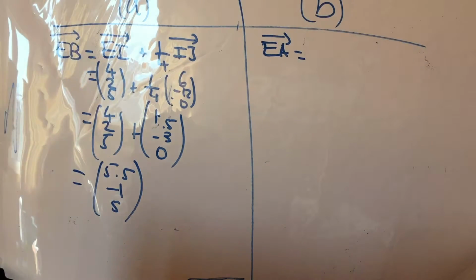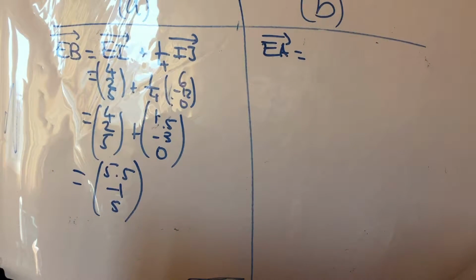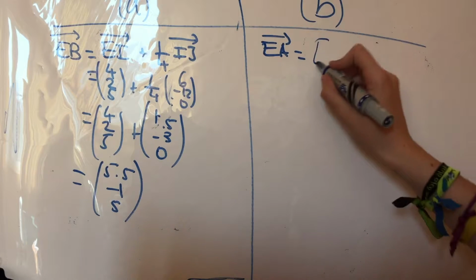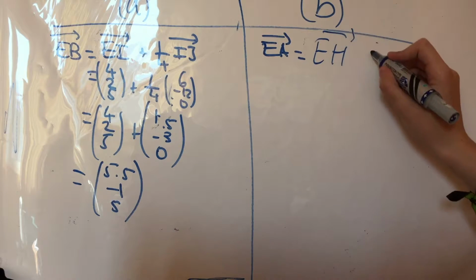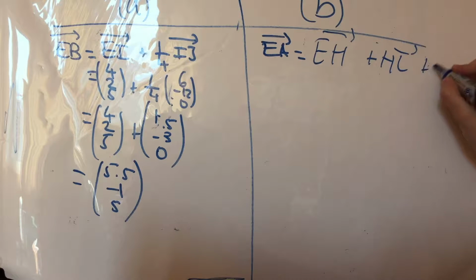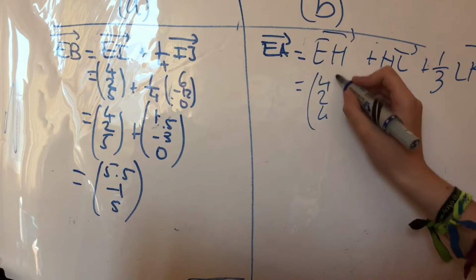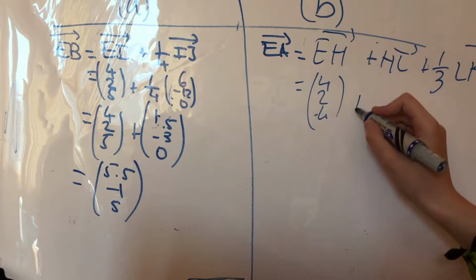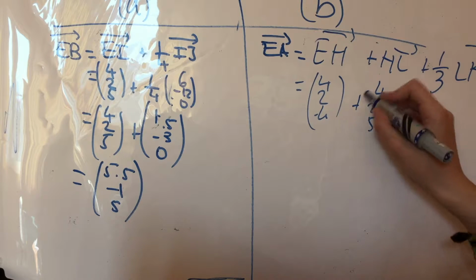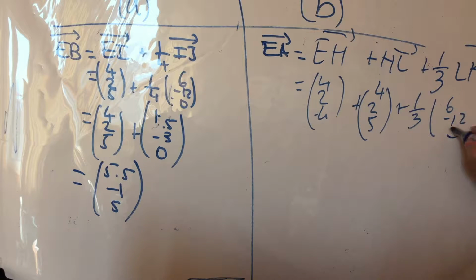Now we're going to do exactly the same thing for EA. EA is equal to vector EH plus vector HL plus 1/3 of vector LK. This is equal to (4, 2, -4) plus (4, 2, 5) plus 1/3 of (6, -12, 0).